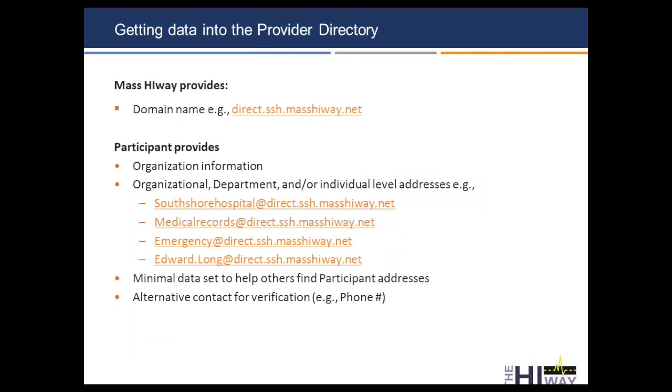As I mentioned earlier, when you want to populate a webmail or a user into the MeHI directory, these are some of the details that you need to be aware of: what is the domain name, and what kind of address do you want to populate so the other participants of HIway can see it. So here are a few examples of how an address would look.